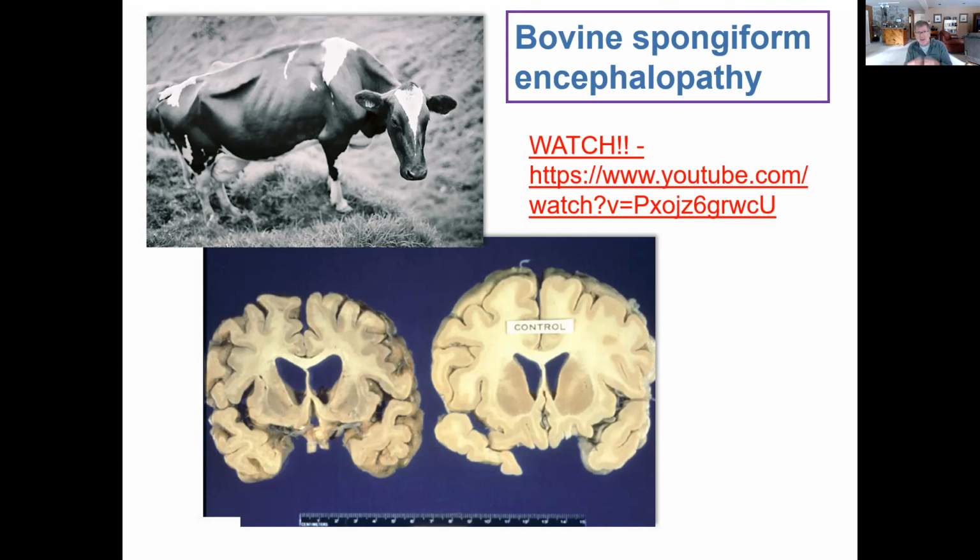But it got into the livestock feed. This cow eats the feed. It acquires the prion that way. It ends up with spongiform encephalopathy. And so when you compare a healthy brain here, and you can see this frontal section with a control label on it, this is the healthy, non-infectious brain. Here's the brain of the cow that died of BSE.